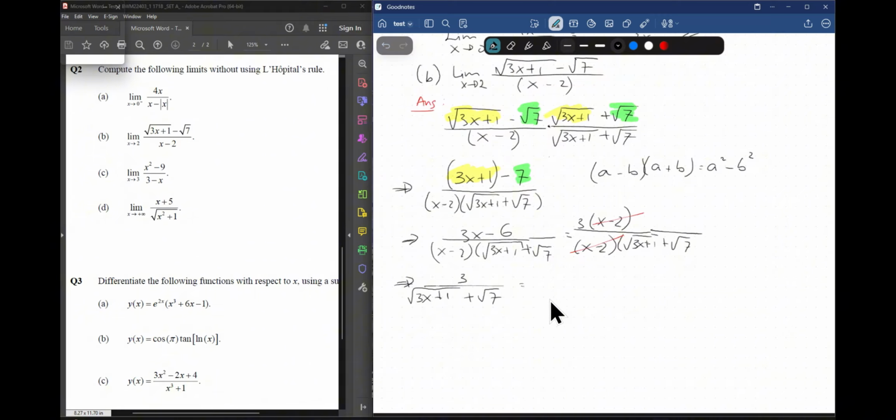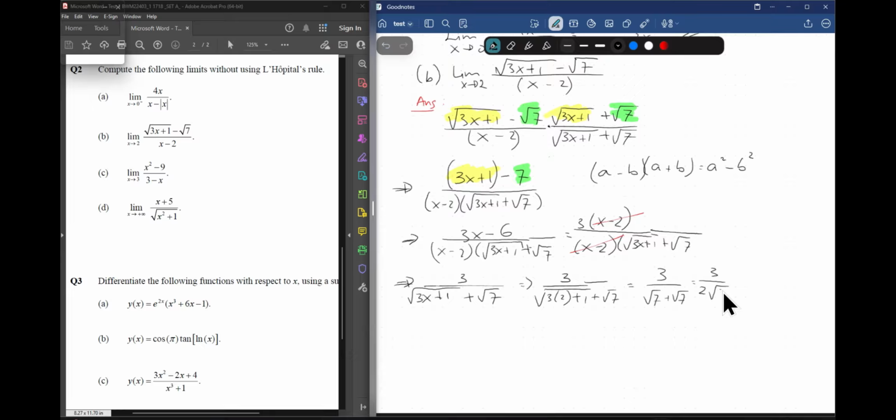If we substitute x equals 2, as you can see here, the question x approaches 2, we get 3 over square root of 3 times 2 plus 1 plus square root 7, or 3 over square root 7 plus square root 7, which equals 3 over 2 times square root 7. That will be the final answer.